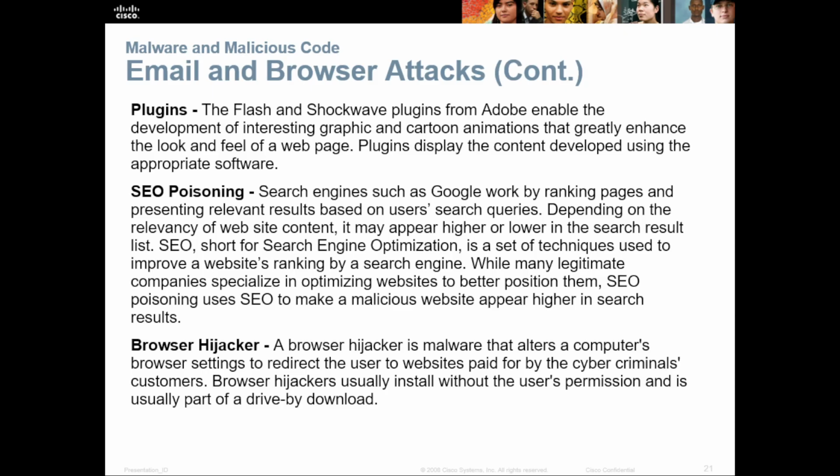While legitimate companies specialize in optimizing their websites for better positioning and ranking on search engines, SEO poisoning uses SEO to make a malicious website appear higher in search results.